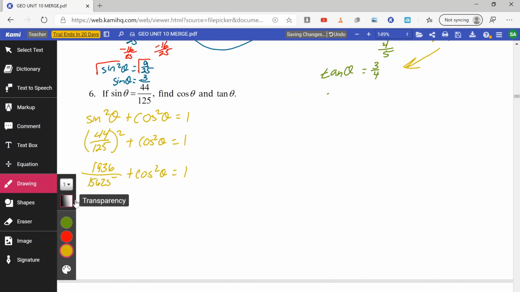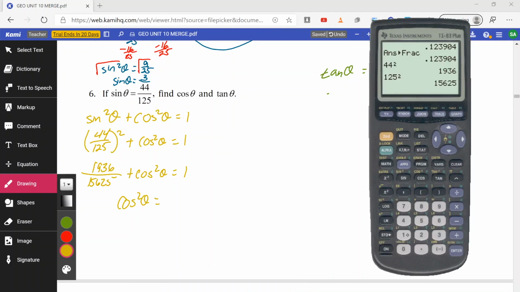And then we have to subtract this nice big fraction from both sides. So we end up with just cosine squared equals 1 minus our fraction, 1936 over 15625. And then hopefully we can turn it back into a fraction, which is not going to let us.